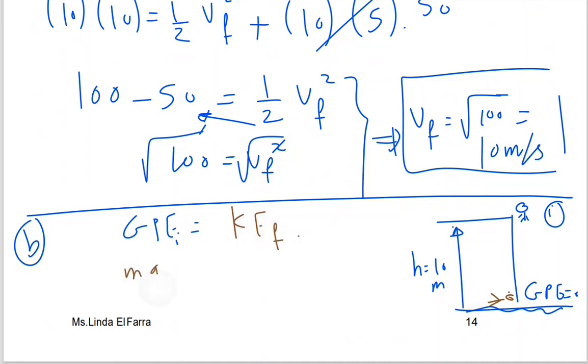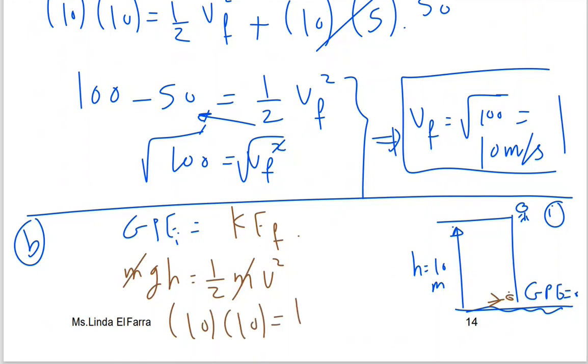So here, mgh equals half m v squared, m and m cancel, and then substitute. 10 times 10 equals half v final squared, cross multiplication, and then take square root. So v final will be square root of 200, and this will equal 14.1 meters per second.